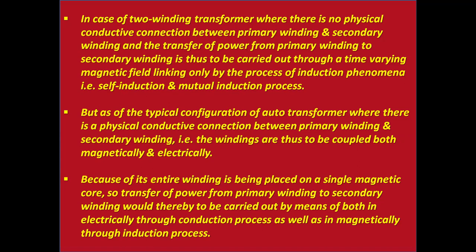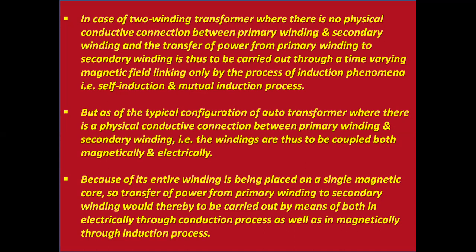But in the typical configuration of an autotransformer, there is a physical conductive connection between the primary winding and the secondary winding. That is, the windings are coupled both magnetically as well as electrically.